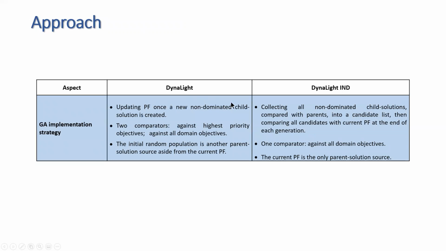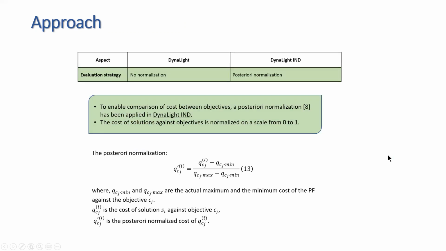For example, the first difference is about the Pareto Frontier update strategy, and the second difference is the comparator that is used for checking the dominance of a child solution. And the third difference is about the computation efficiency.